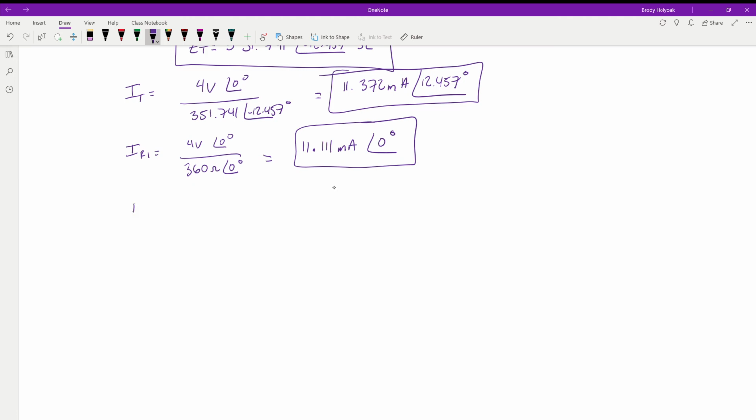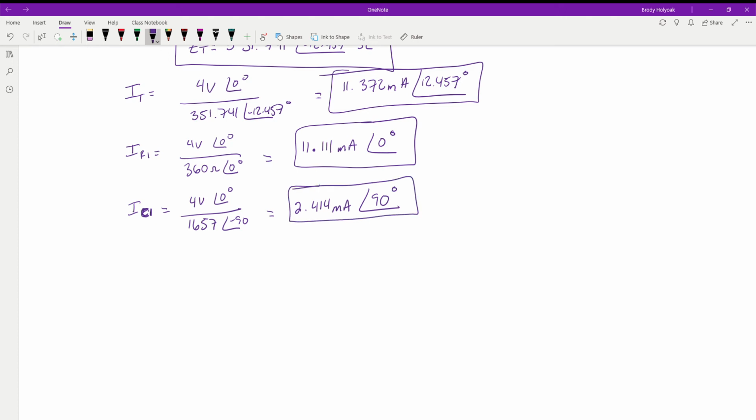Okay, IC1 through the capacitor, same thing. It's going to be 4 volts at 0 degrees, divided by the reactive capacitance, which is the 1657 at negative 90. And that's going to give us a total of 2.414 milliamps at 90 degrees.